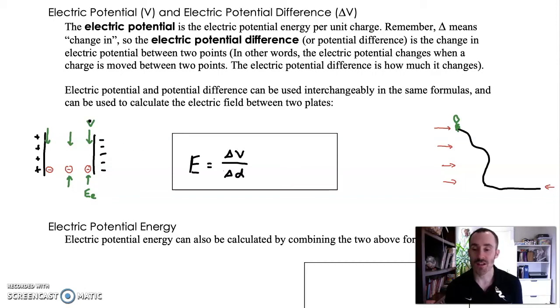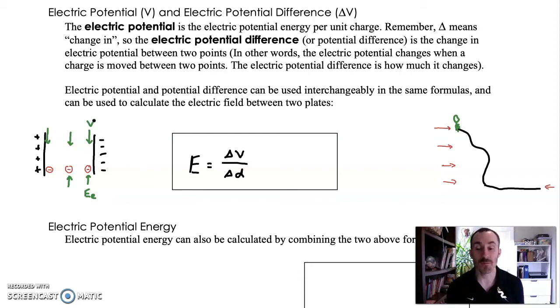If the potential difference between these two points is 1 volt over 200 meters, that's a pretty weak electric field. But if you have a change in voltage of 100,000 volts over 1 meter, that's a much stronger electric field.